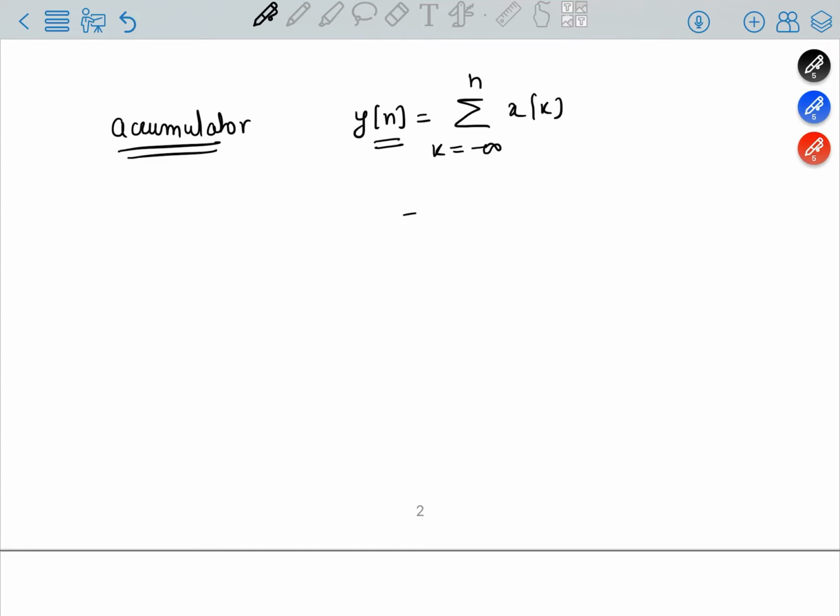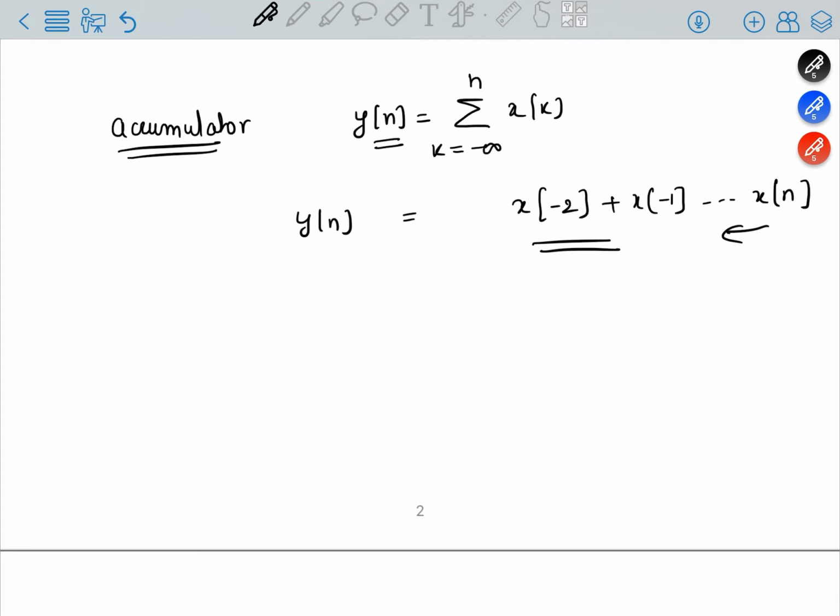It can be x[-2] plus x[-1] up to x[n]. So before n also, the output is dependent on these values. That's why it is called a system with memory.